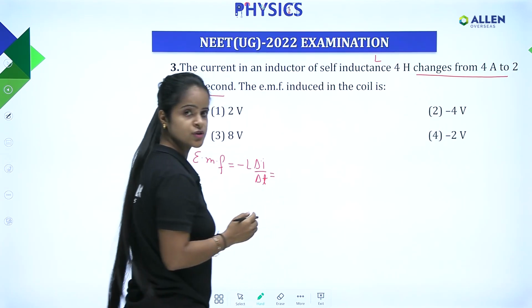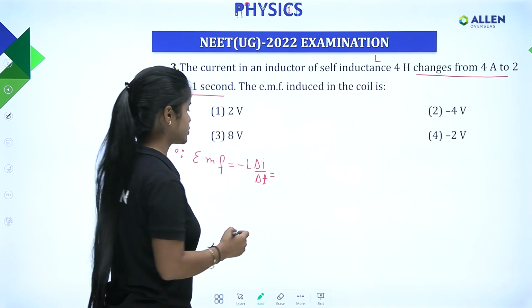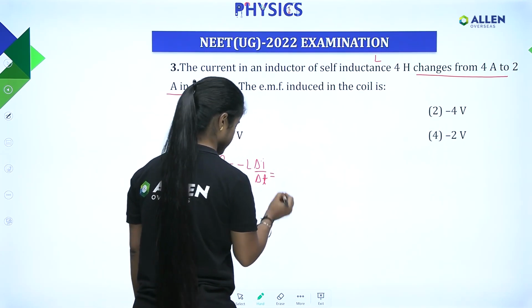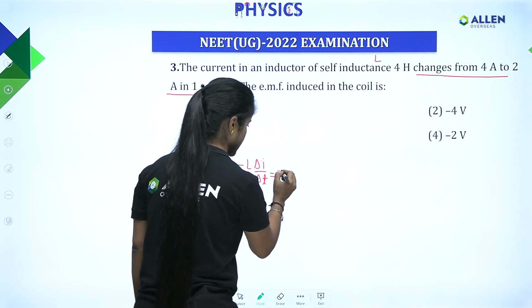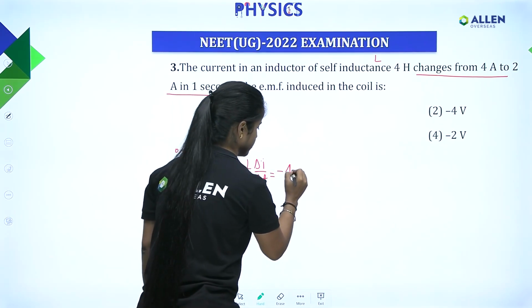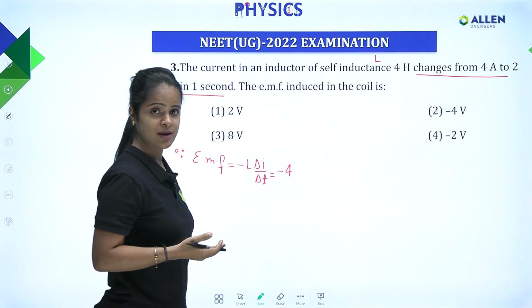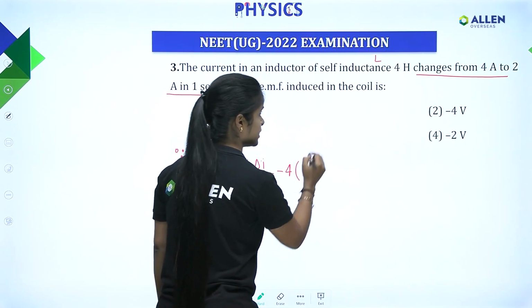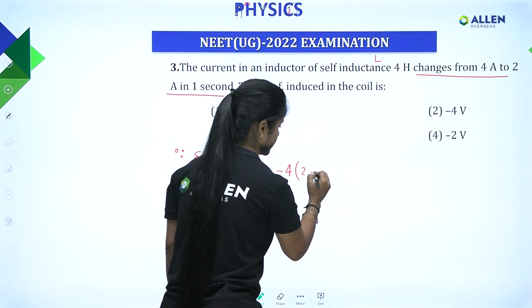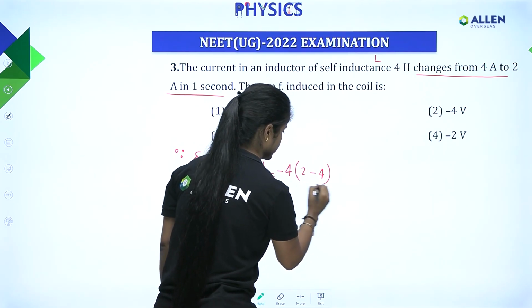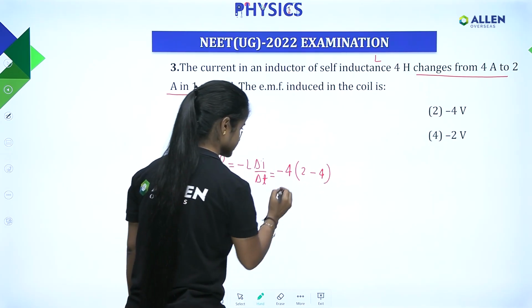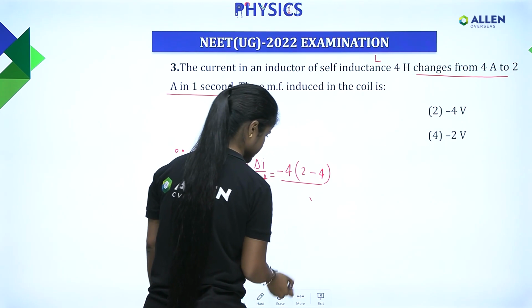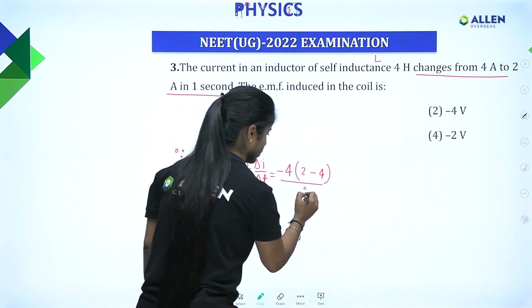Now I am going to put the respective values given in our question. At the place of minus it will remain minus. At the place of L I am going to put 4. At the place of delta I, that is final minus initial. So final current is 2, initial current is 4. And total time taken is 1. Right?